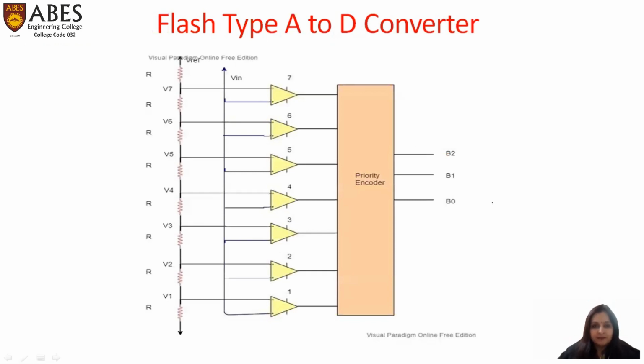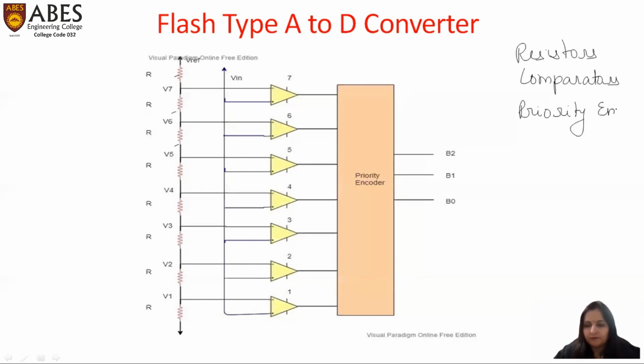So this is the circuit or block diagram for a flash type A to D converter, and for this we require three specific components, that is resistors, which are applied here at the input. Then we have comparators and a priority encoder.